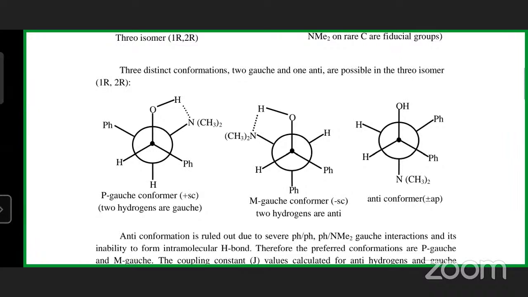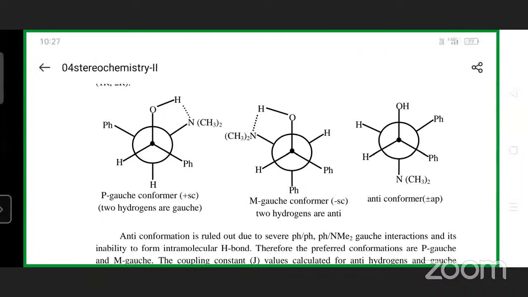But if there is a possibility for the atoms or groups to participate in hydrogen bonding, then the other conformer, other than the anti, will be the most stable, like the gauche conformer. So now here you see hydrogen is able to form hydrogen bonding with the hydroxy group. The nitrogen, the halogens like fluorine, chlorine, and hydroxy groups, amines, are able to form hydrogen bonding, and other things are not able to.